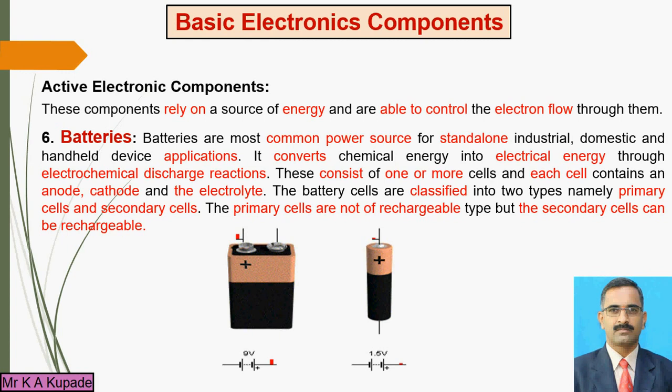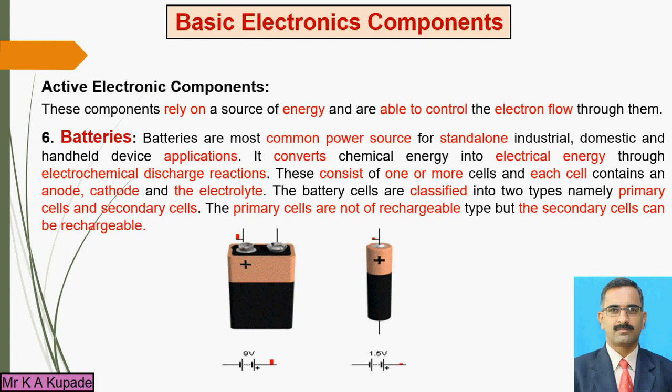These battery cells are classified into two types: primary and secondary. Primary are not rechargeable. Once they are discharged, they are not used again. But the secondaries are the rechargeable types, which are mostly used in, you can see, your mobile phones. These are rechargeable batteries.